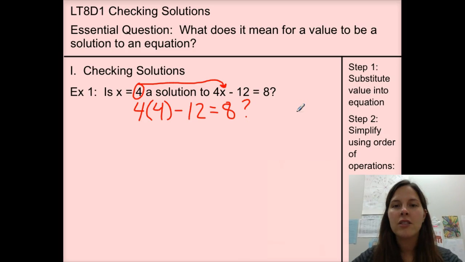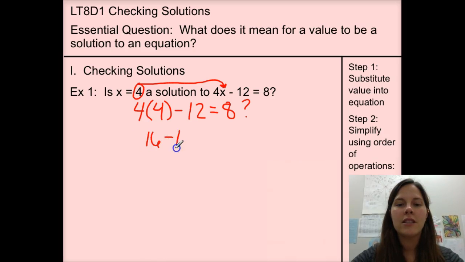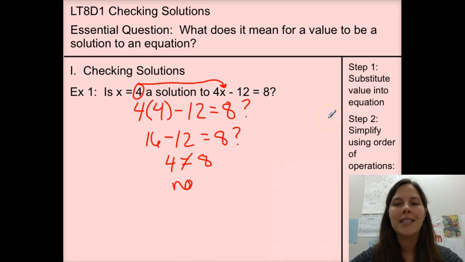On the left-hand side, multiplying will come before subtracting. So 4 times 4 gives us 16, and we're still going to check to see if it equals 8. 16 minus 12 is 4, and 4 does not equal 8. So no, x equals 4 is not a solution of our equation.